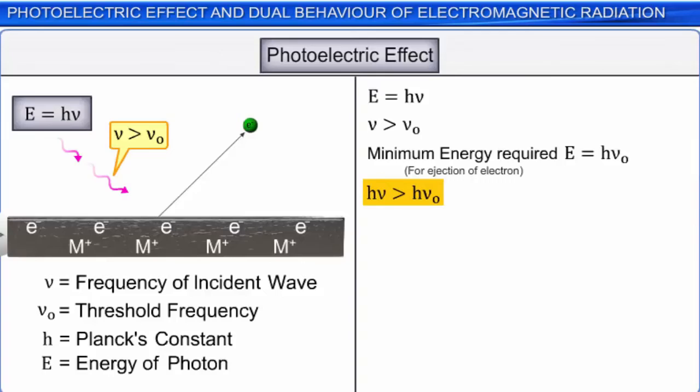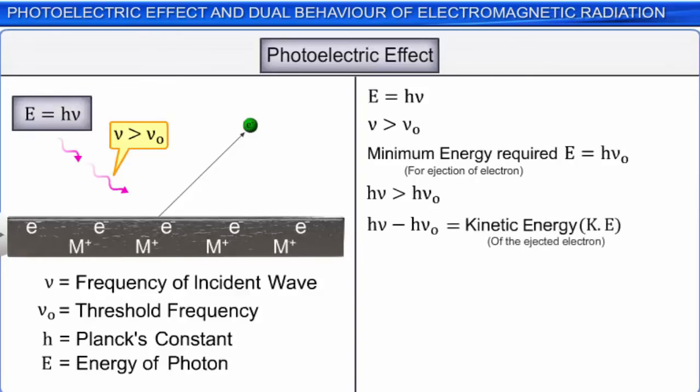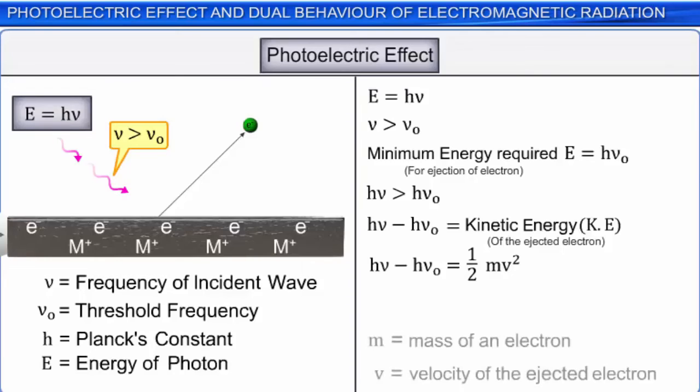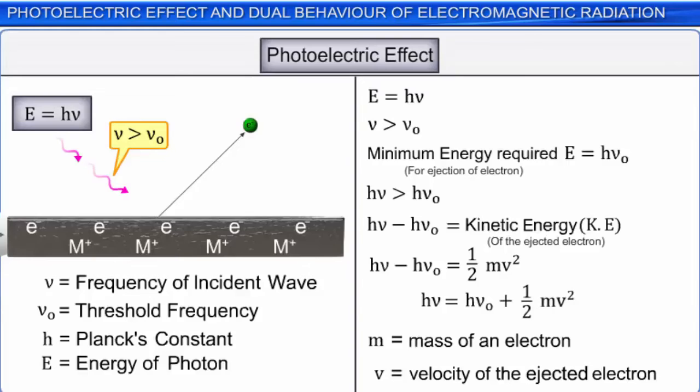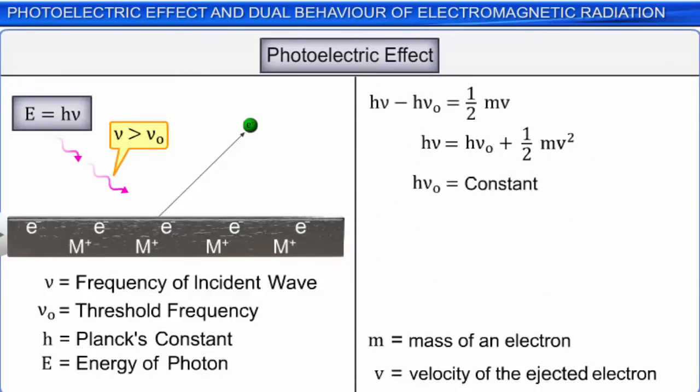So h nu is greater than h nu naught. h nu minus h nu naught is equal to the kinetic energy of the ejected electron. h nu minus h nu naught is equal to half m v squared, where m is the mass of the electron and v is the velocity of the ejected electron. Rearranging the equation, we get h nu is equal to h nu naught plus half m v squared.